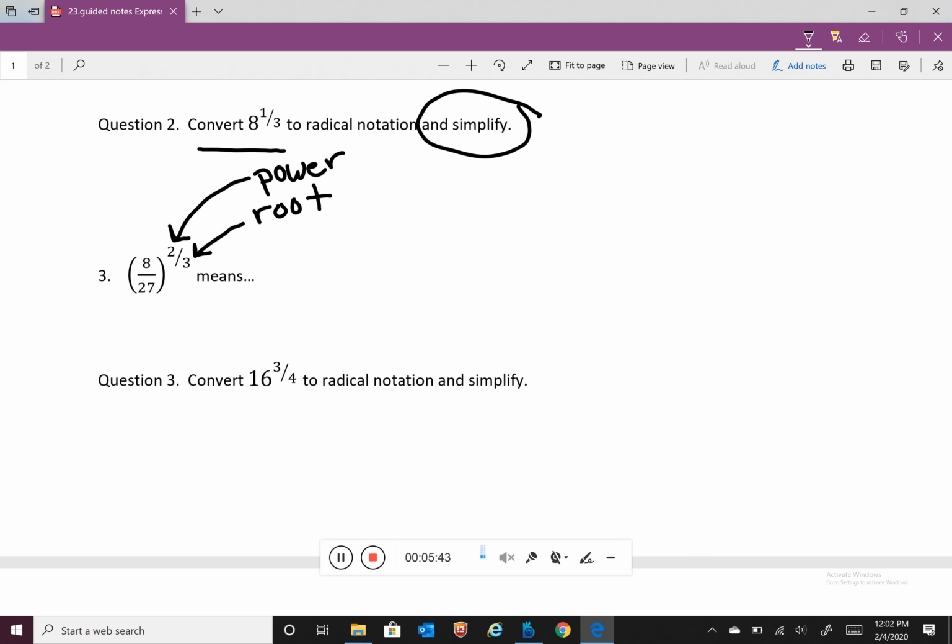So this means the cubed root of 8 divided by 27. Now the power is 2, so I have 2 choices of where to place this 2. I can put it inside my radical, or I can put it outside my radical.